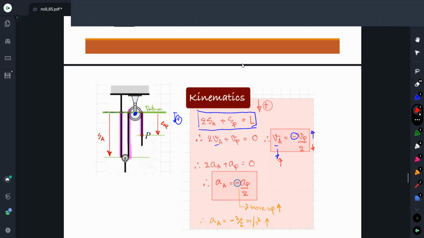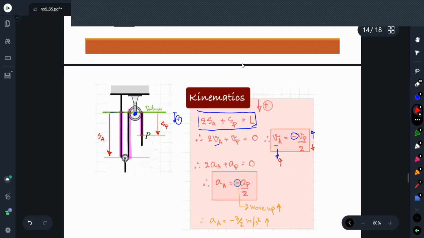You may see from this picture, and it makes sense, right? When P moves down, A should move up, and in the same manner, if P moves up, A should move down.